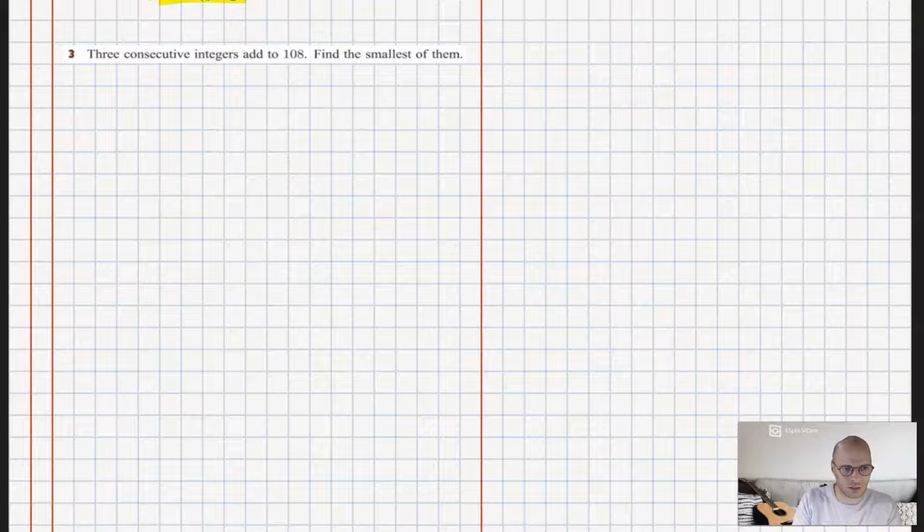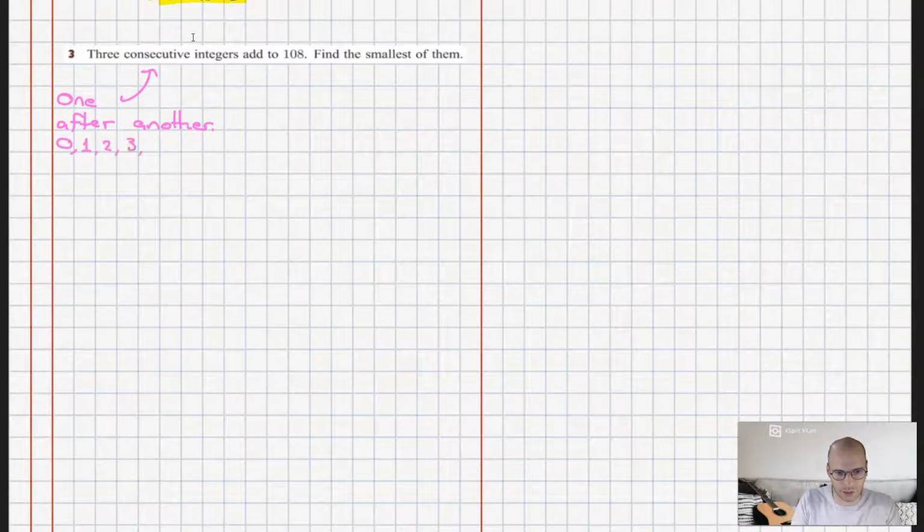The first thing we need to do here is understand the language used in the question. Consecutive means one after another. If we were counting upwards, we'd go 0, 1, 2, 3, 4, and so on, one after the other. We don't skip anything.